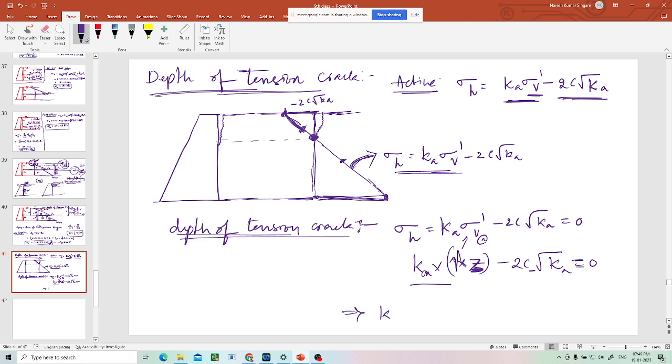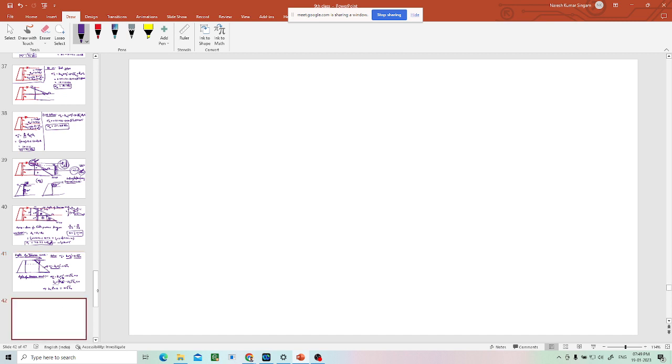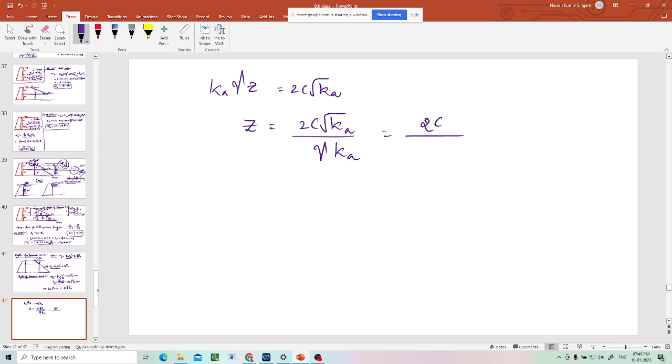Let us calculate. Ka gamma multiplied by z equals 2c root Ka. I just took this total outside. Okay, now Ka gamma z equals 2c root Ka. Then what is z? That is 2c root Ka divided by gamma Ka. It's nothing but 2c divided by gamma root Ka.